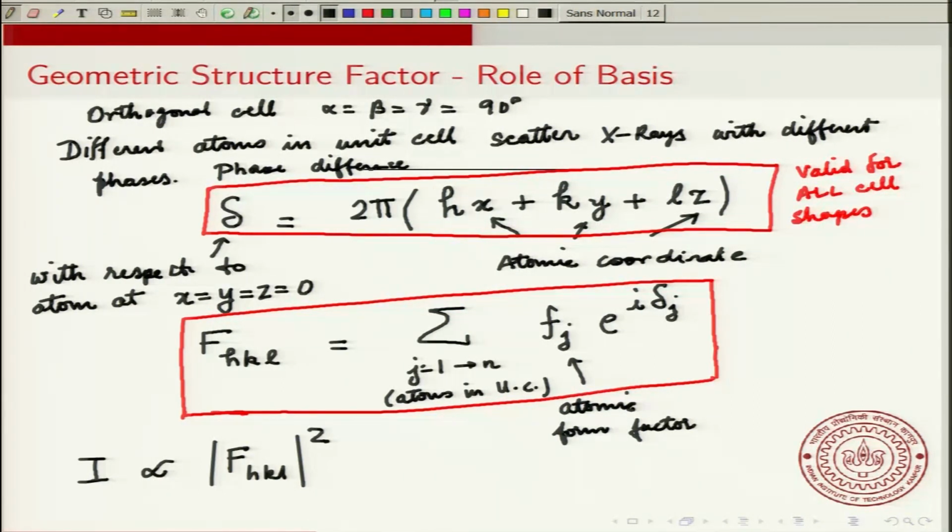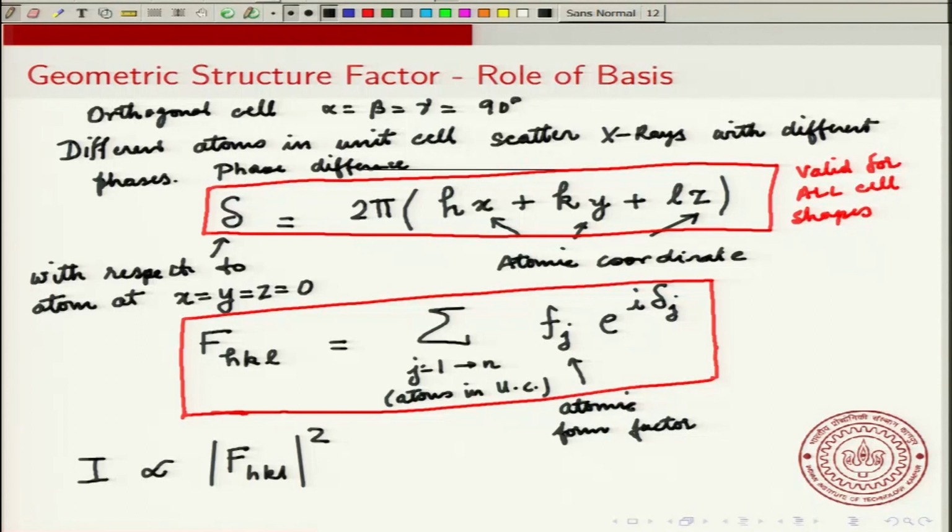Therefore, if the scattering factor is 0 for some value of HKL, then the intensity of that peak will be 0, even though it satisfies the Bragg scattering condition. So, this is the structure factor. Remember, the geometric structure factor is an additional effect on the intensity of peaks that already satisfy the Bragg scattering criterion.